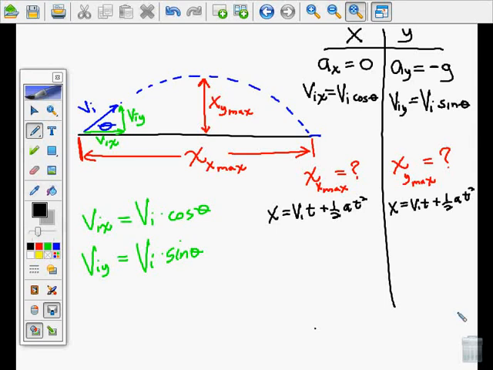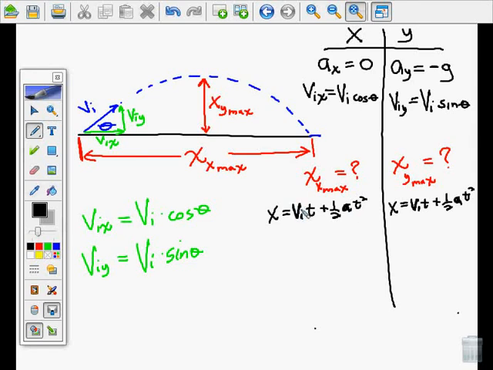And notice both sides of the column, you have the acceleration, and you have the initial velocity expression. Same thing with the x column. You have the acceleration, which turns out to be 0, and you have an expression for the initial velocity in the x direction.